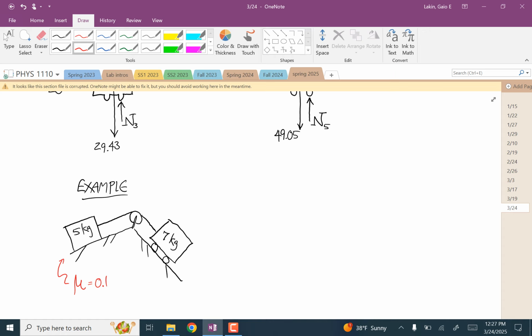So let's say that at this instant, the 5 kilogram is going this way, which means the 7 kilogram has to be going this way. Those red arrows are the direction of the motion. So the friction is going to be going that way.